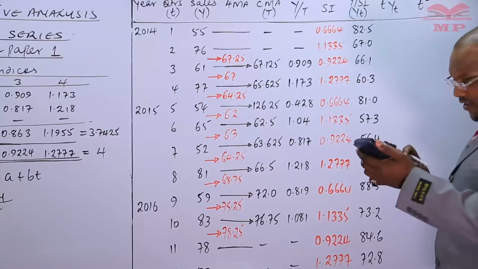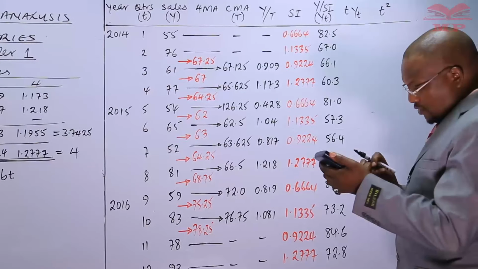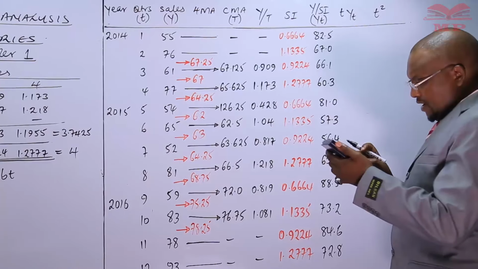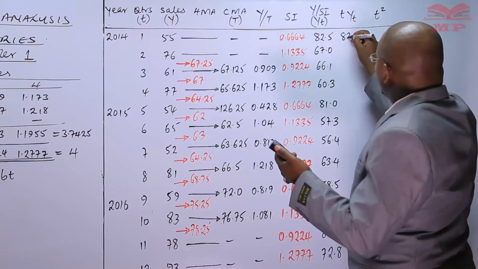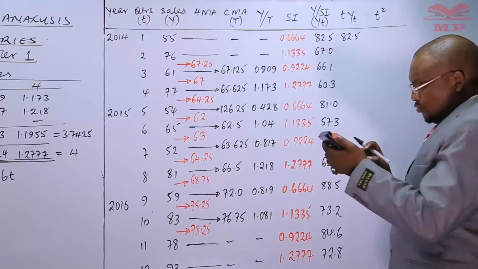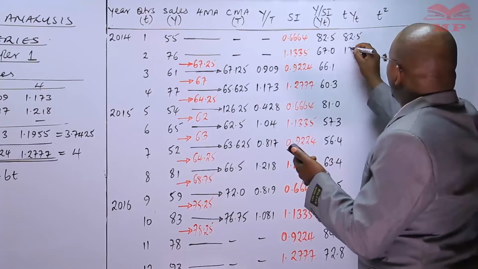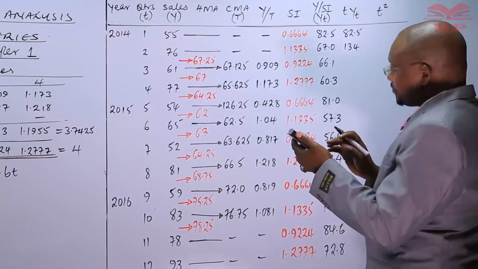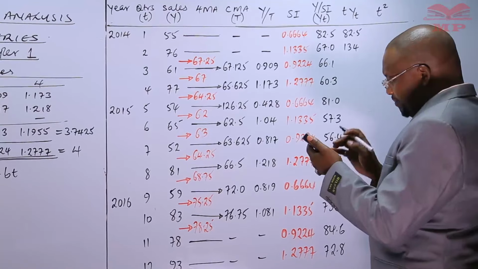This is 1 times 82.5. We store in memory, this is 82.5. 2 times 67 M plus, this is 134. 3 times 66.1 M plus, this is 198.3.